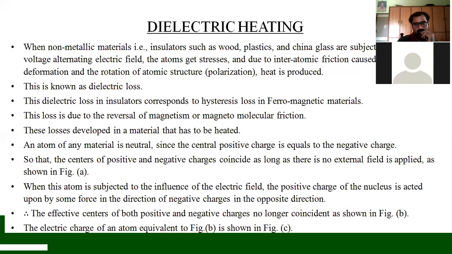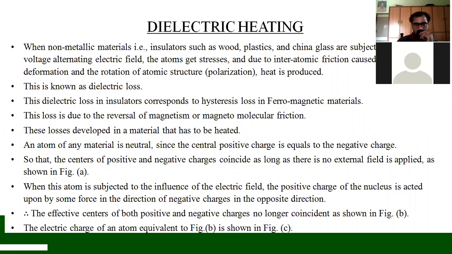This interatomic friction is caused by the rotation of the atomic structure of whatever material you have taken for dielectric heating. That atomic structure rotates or changes its place or position. How does it happen due to this interatomic friction?